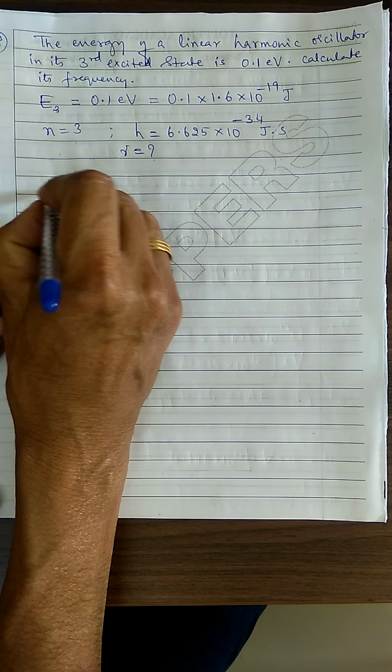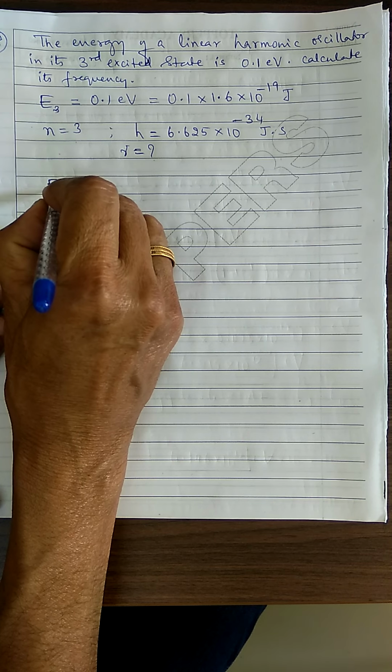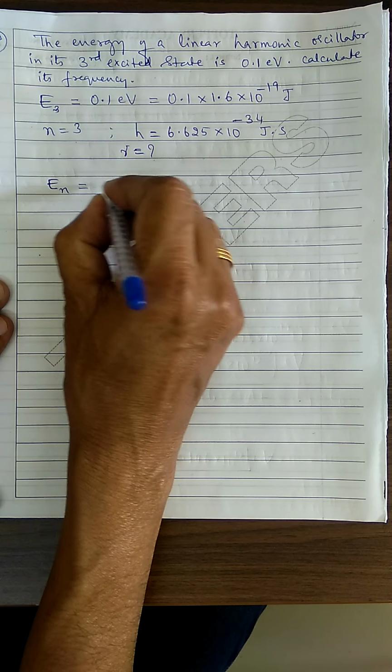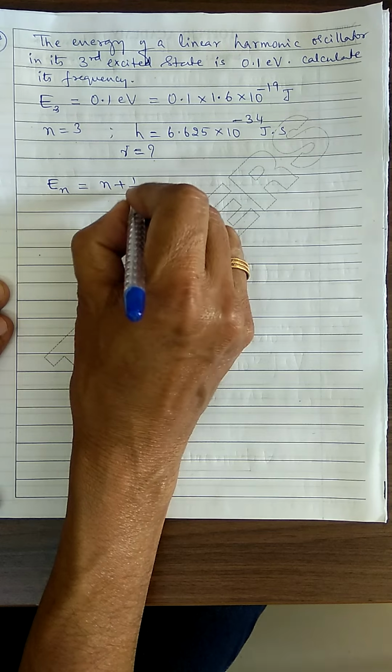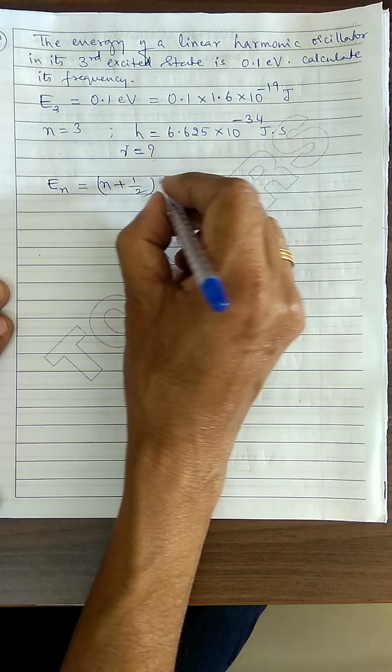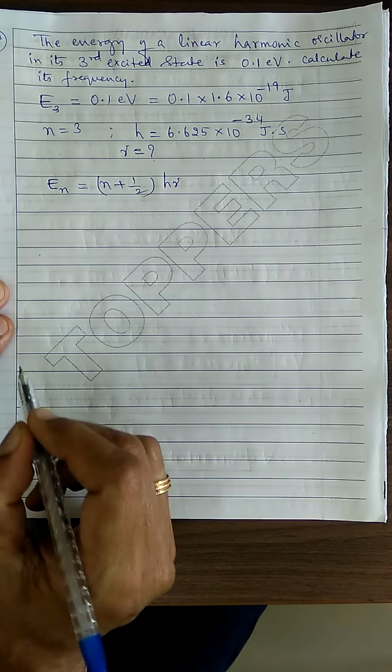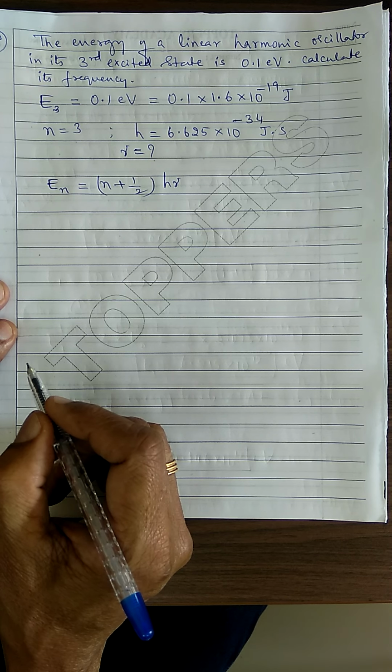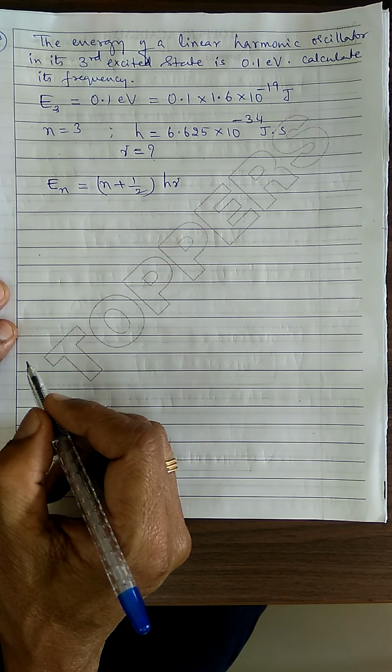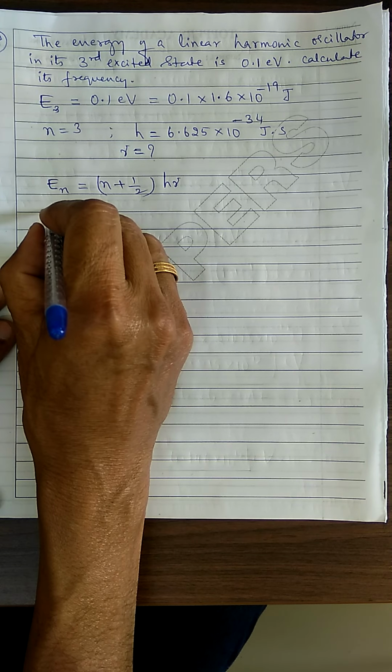Now the formula: En is equal to (n plus half) h nu. This is a constant formula. Put n is equal to 3 here.